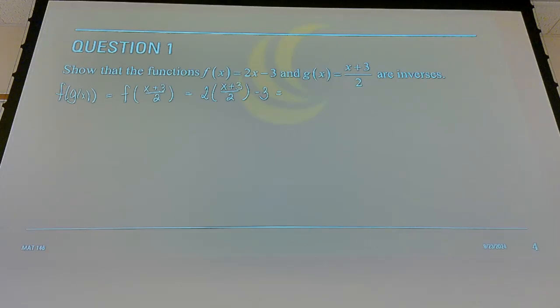Two times a half is 1. And then 3 minus 3 is 0. Which leaves you with x.